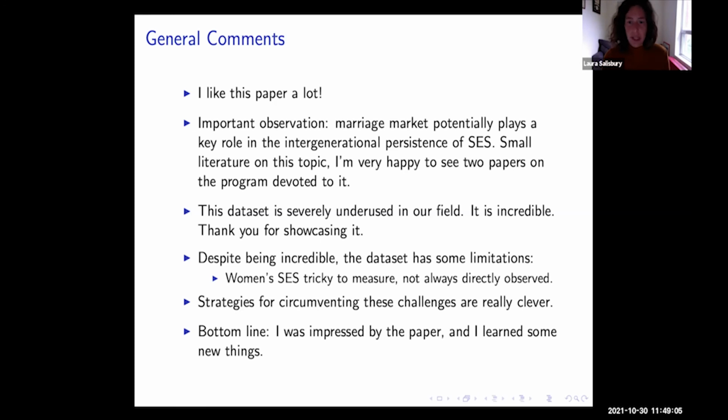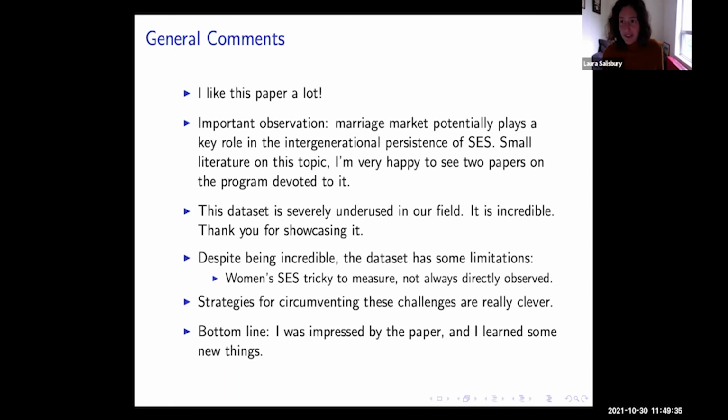I was really glad to see that there were not one but two papers on the EHA program devoted to this question. The data set, I've been aware of this data set for some years. It's really incredible. I've never worked with it myself. I think it's like a crime that it's not used more often in our field. So I really appreciate that this paper is showcasing this really incredible data set.